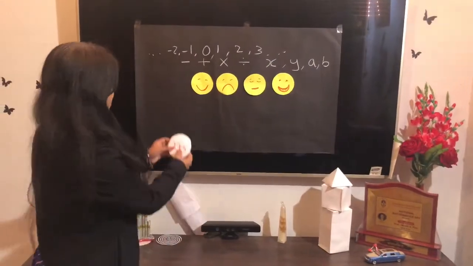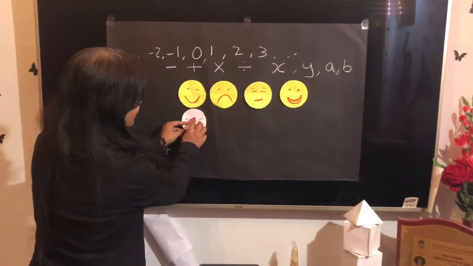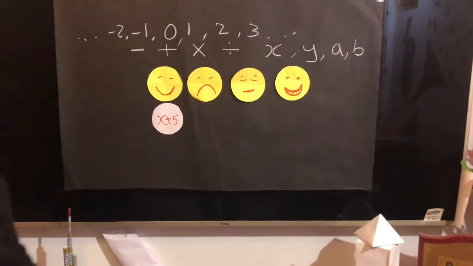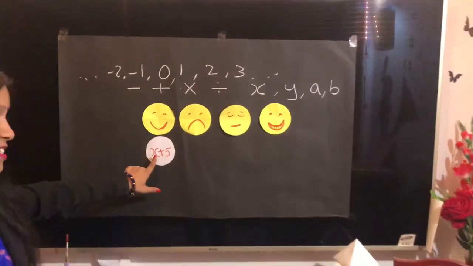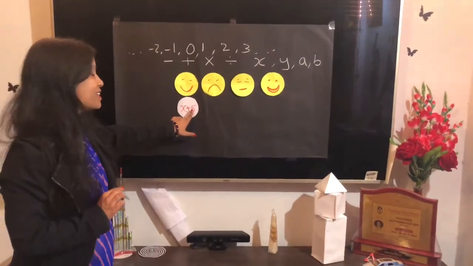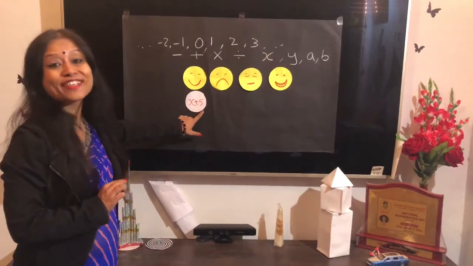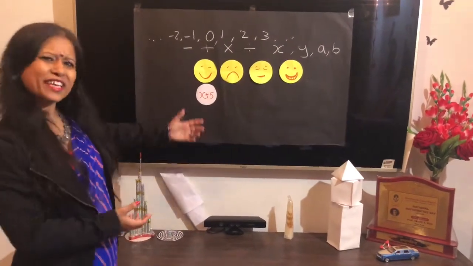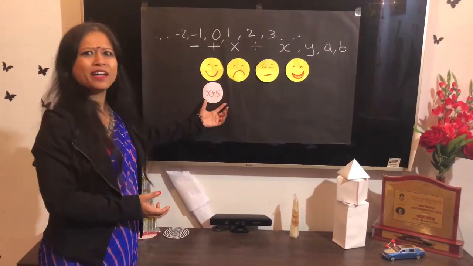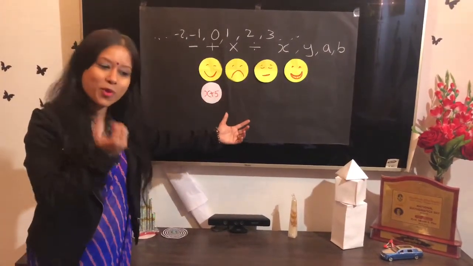The first thing I am going to denote is x plus 5. This is an algebraic expression. It has a variable, it has a number that is called a constant, and it has an operation in the form of addition. So we can say that here it is smiling. Why? Because they have got 5 more, right?